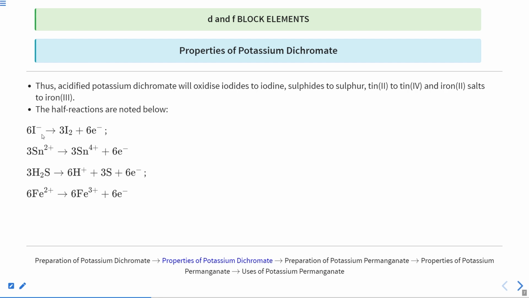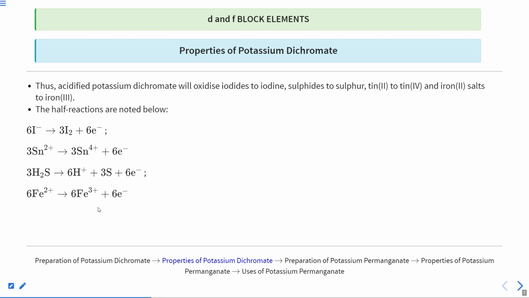And at last we have iron, which is in the +2 oxidation state, and it is leaving 1 electron. Each iron is leaving 1 electron, and we are getting Fe3+. Clear? So these are all oxidation half reactions, and acidified potassium dichromate is oxidizing all of them.